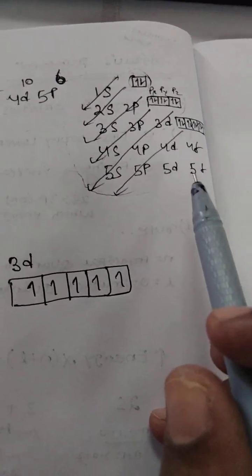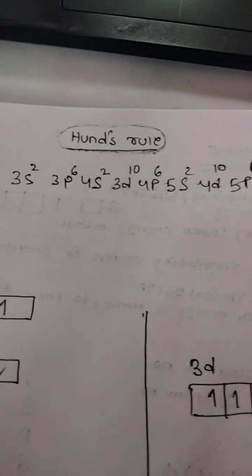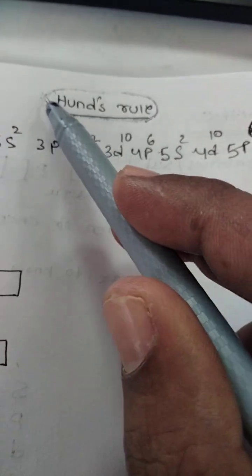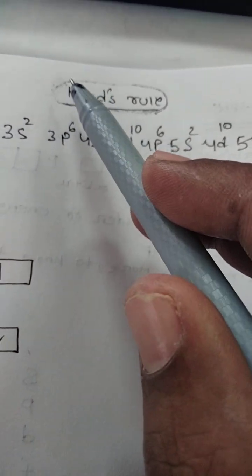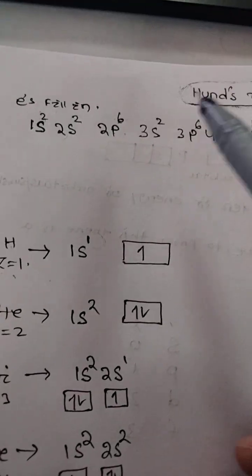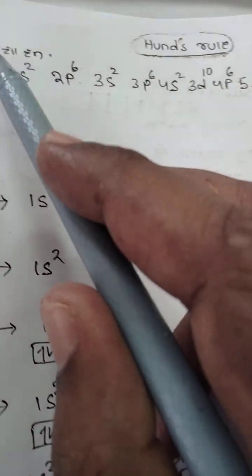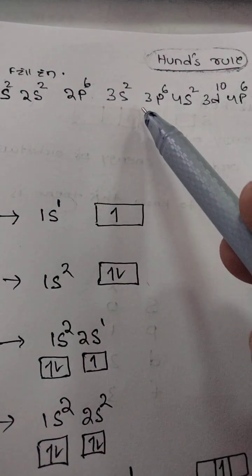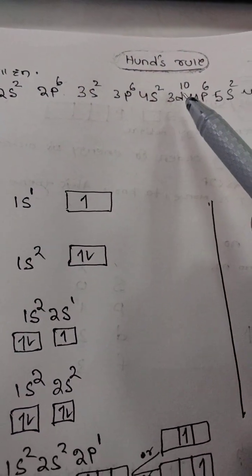Okay, now today we are going to learn about Hund's rule, and how Hund's rule comes after the Aufbau principle. Electrons are filled in 1s2, 2s2, 2p6, 3s2, 3p6, 4s2, 3d10.